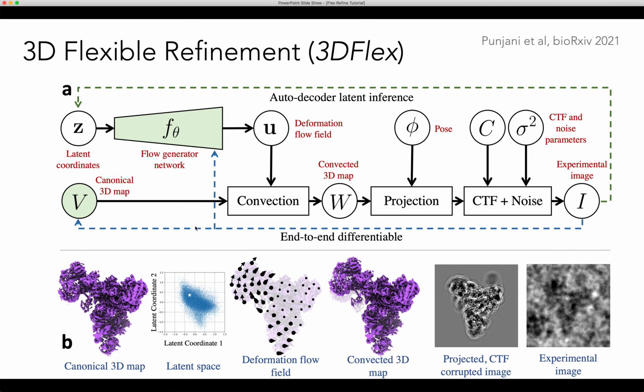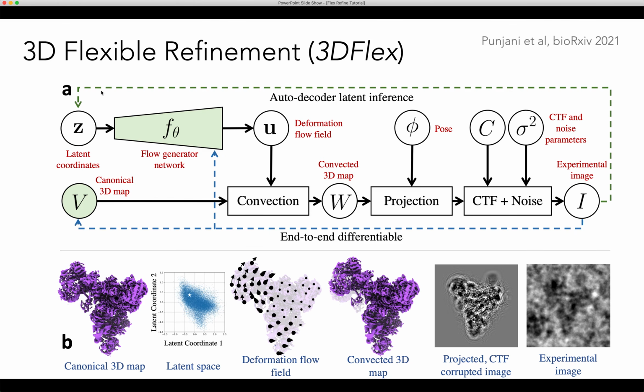typical gradient-based backpropagation and gradient-based optimization to train both the canonical density that we don't know ahead of time and the flow generator network that we also don't know when we're starting, to optimize those to match the experimental data. In addition, because this is a generative model, we also don't know the latent coordinates of every particle.